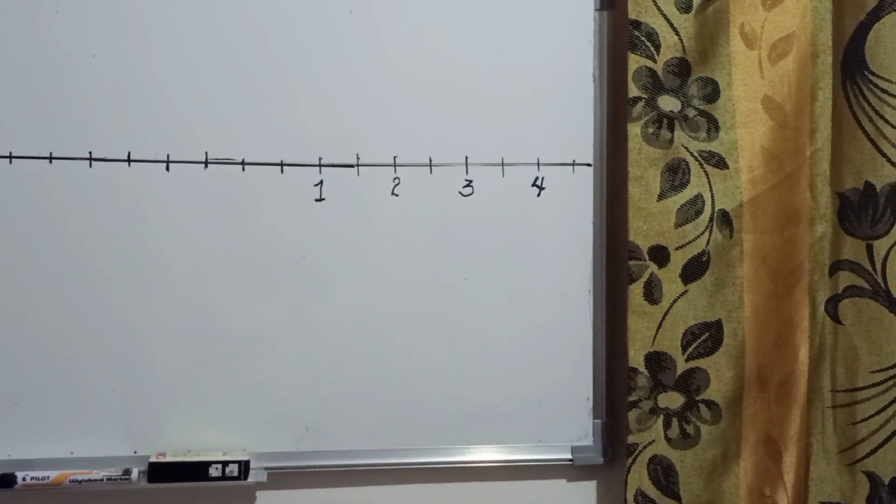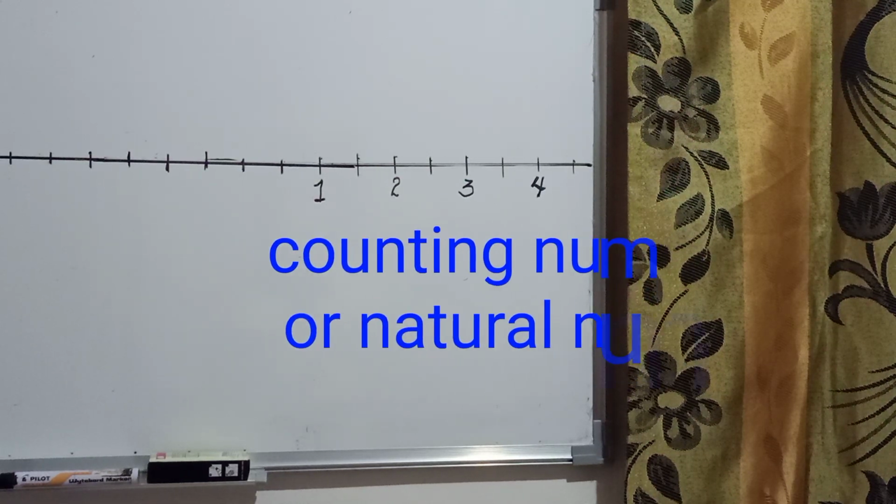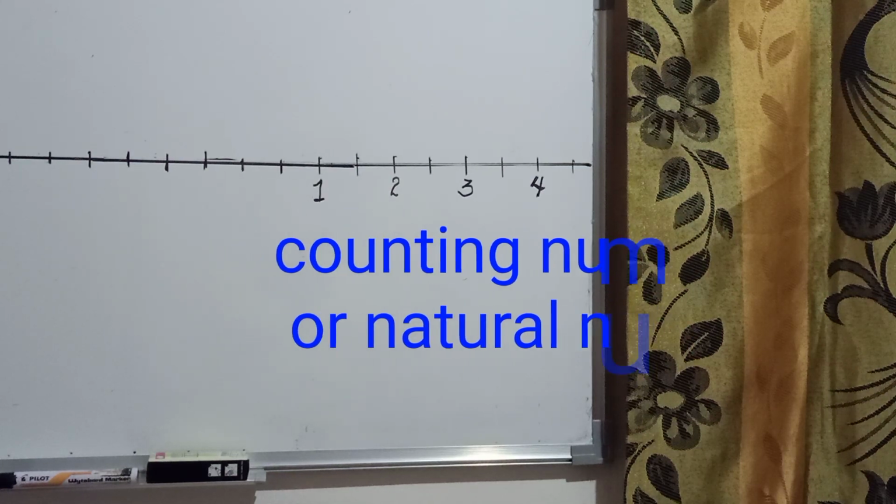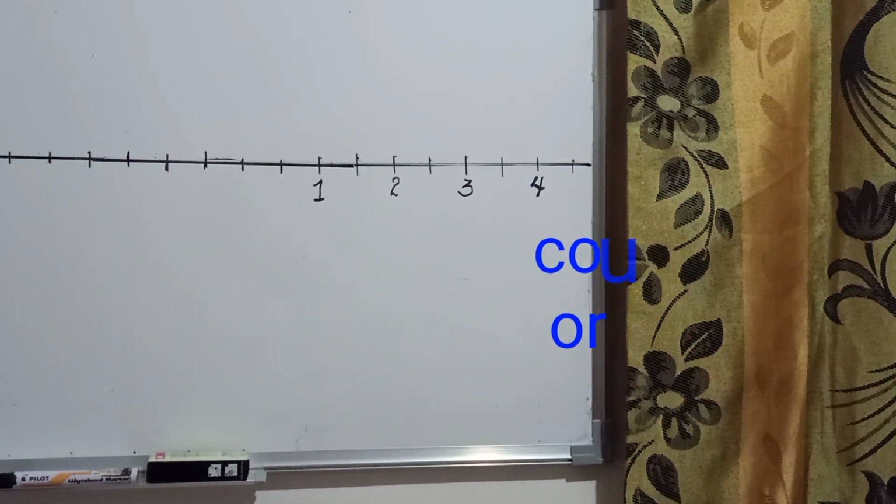Let us recall where we have started with our numbers. If you are going to start from 1, 2, 3, 4, and the rest of the numbers, these numbers are what we call our natural numbers.